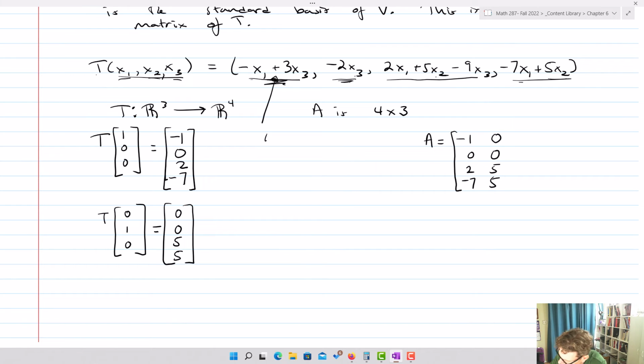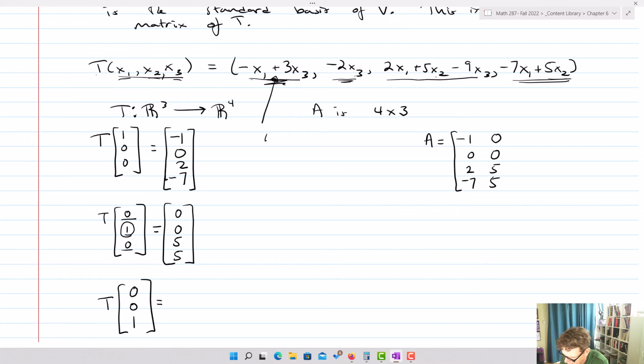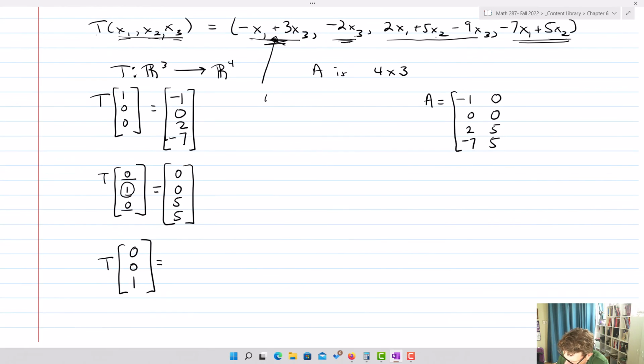Just notice all I'm doing is plugging in the 1 for x2, a 0 for x1, and a 0 for x3. And now T of finally 0, 0, 1. So everywhere where I have an x3, I'm going to multiply that by 1. Everywhere else is just going to 0 out. So this means I've got my 4-dimensional vector.